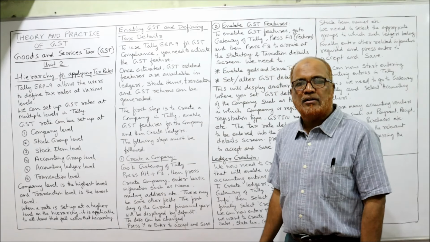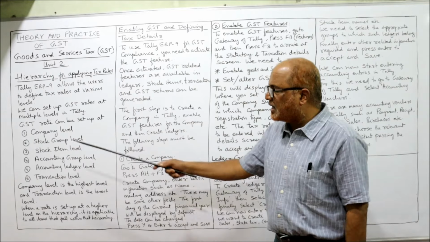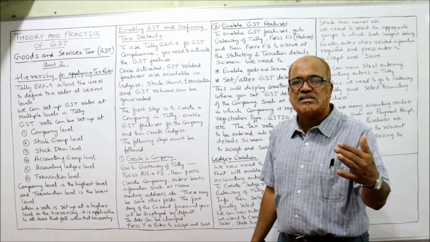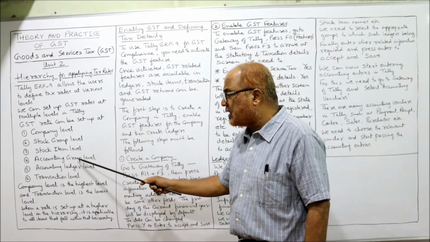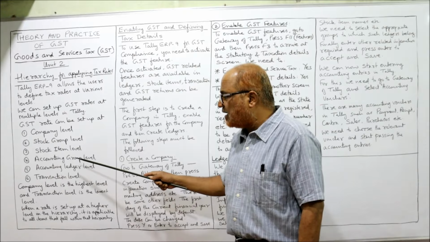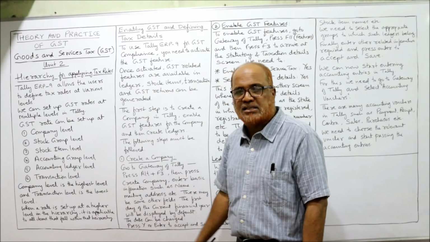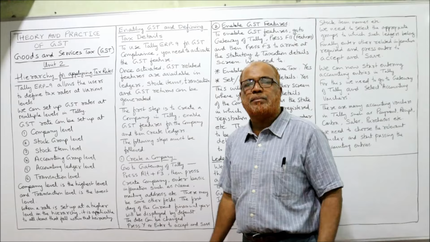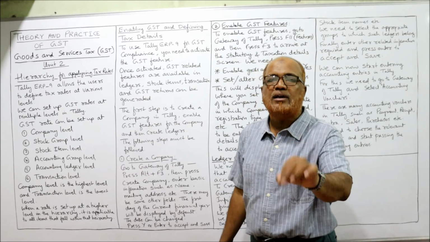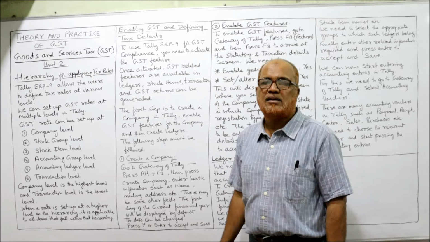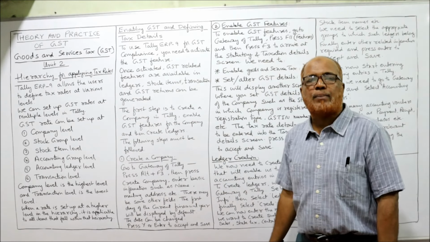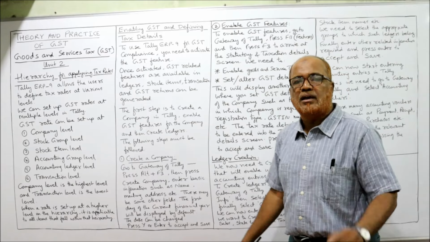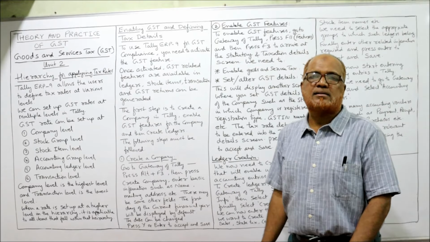Suppose you fix the tax rate at accounting group level, then that tax rate will apply to accounting ledger level and transaction level. The lowest level where you can give the tax rate is the transaction. That means at the time of transaction itself, you have to specify the rate. So this is called hierarchy for applying tax rate in GST. So totally how many levels? 6 levels a person can apply the tax rate.